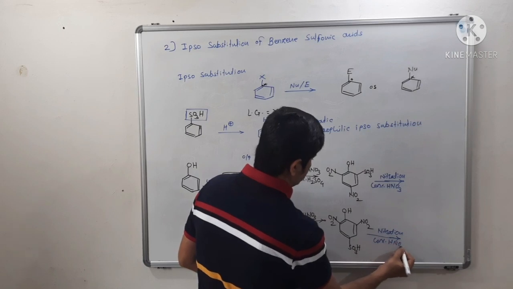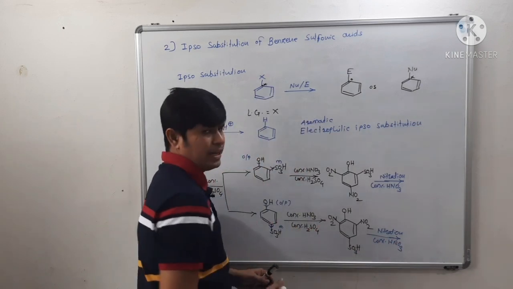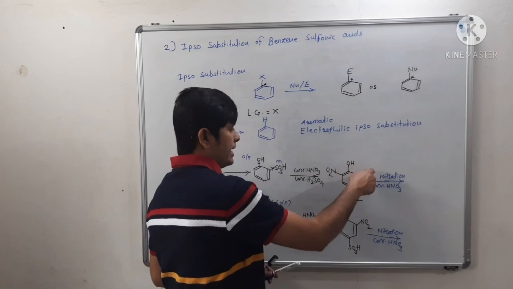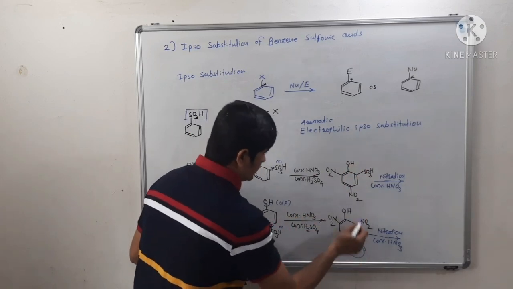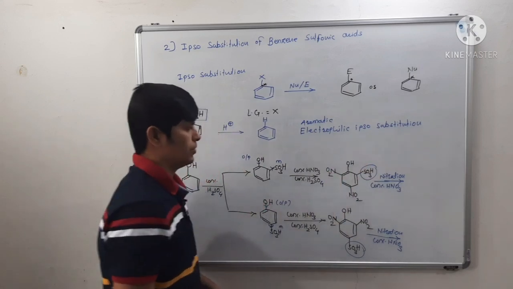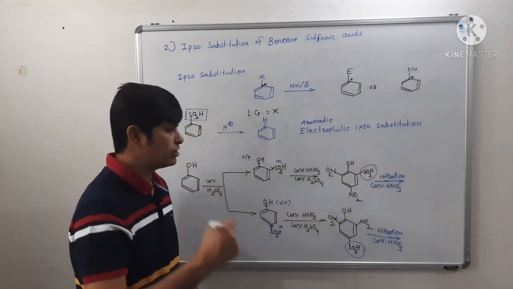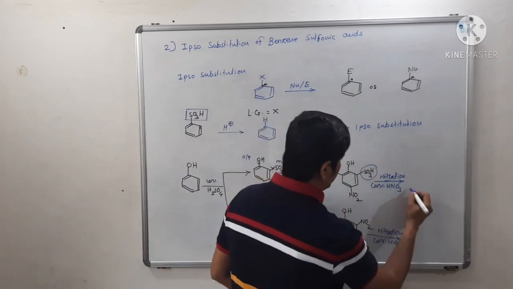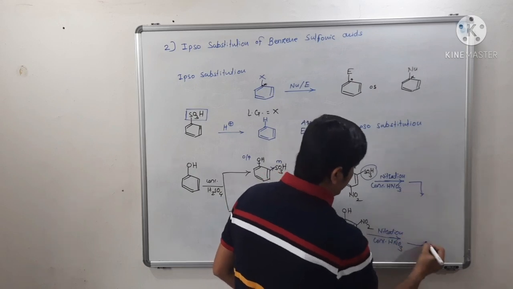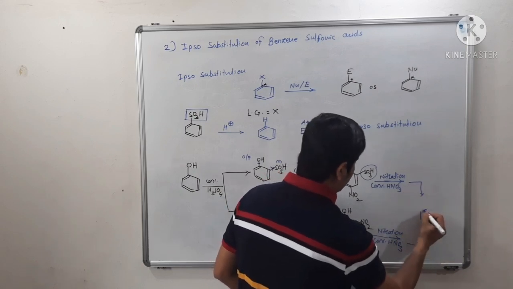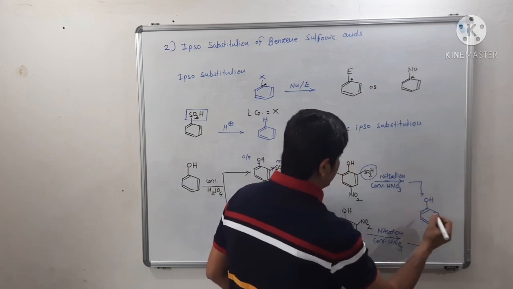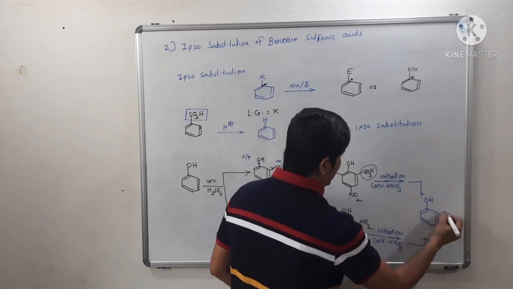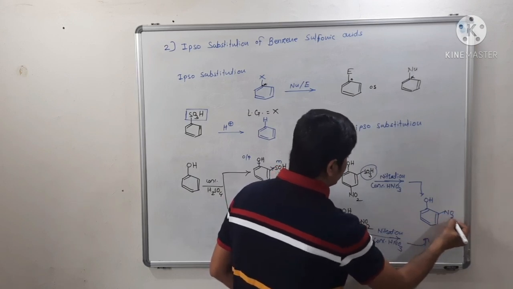Now see, this sulfonic acid group will get removed here, and here also, and you will get the introduction of a nitro group. So from this route also and from this route also you will get picric acid. The sulfonic acid group will get removed. That is, desulfonation will take place and the nitro group will get introduced over there.